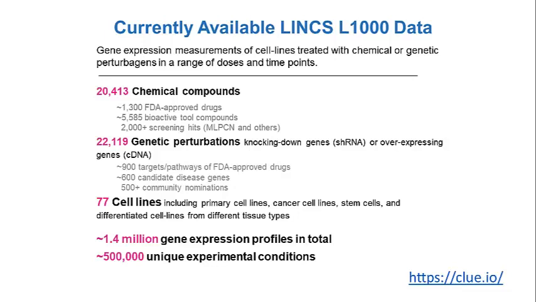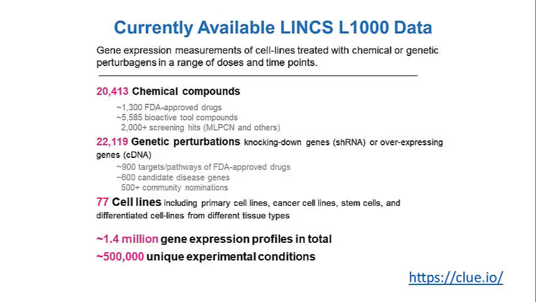They show that it's as accurate as microarray. So in the initial phase, the data is available on clue.io as well as GEO if you want to play with it. Over 20,000 small molecules, they knocked down with shRNA all of the genes, and 77 cell lines.